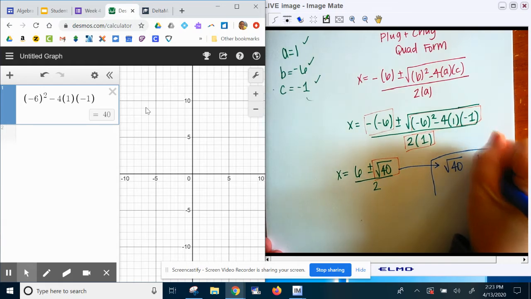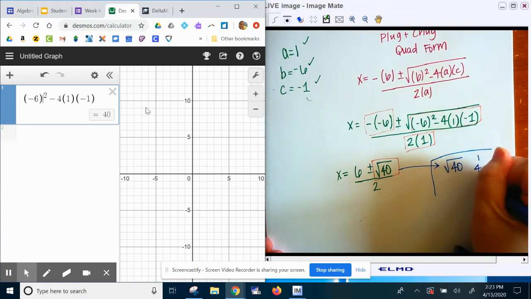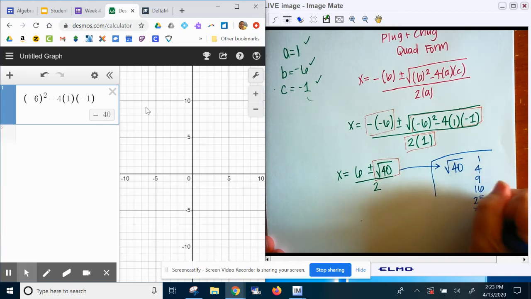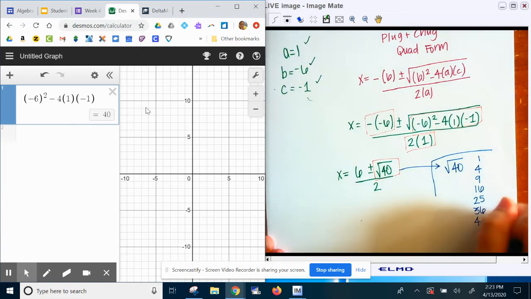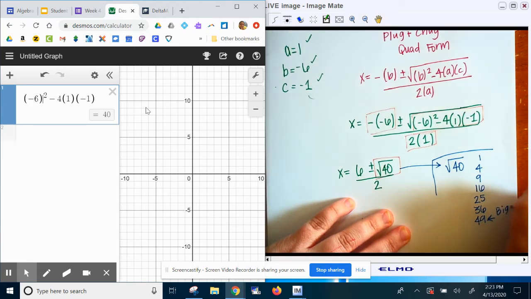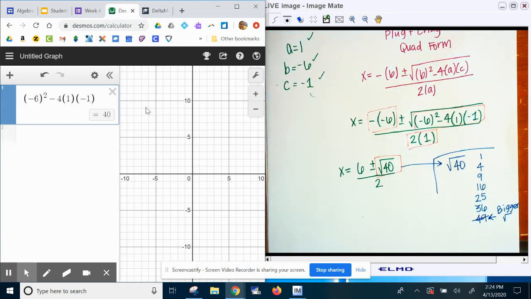1 squared is 1, 2 squared is 4, 3 squared is 9, 4 squared is 16, 5 squared is 25, 6 squared is 36, 7 squared is 49. Oh, we could stop because this is bigger than our square root. We know 49 is too big, so it's out.